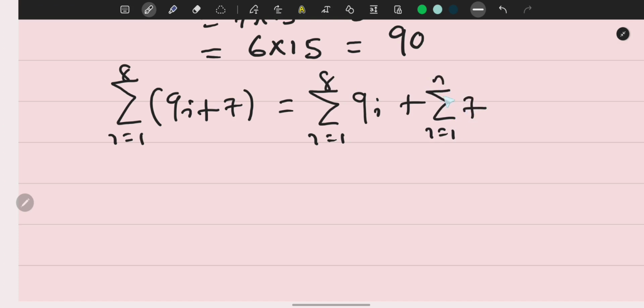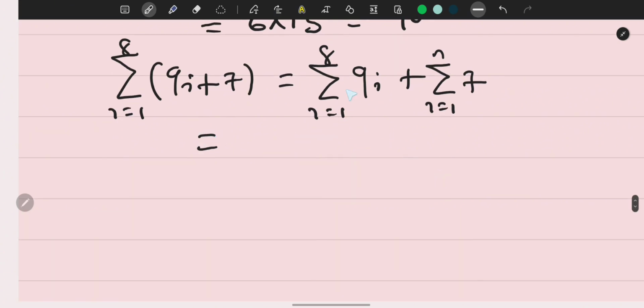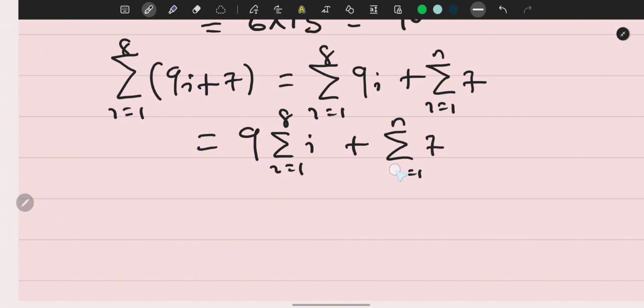Don't forget I told you this sign is called sigma. Looking at this, you can see that this 9 here is constant, which can be factorized, and you have 9 summation i equals 1 to 8, then i, then plus i equals 1 to n, then you have 7. So don't forget we have the formula for this already, which happens to be 9 times n plus 1 over 2.